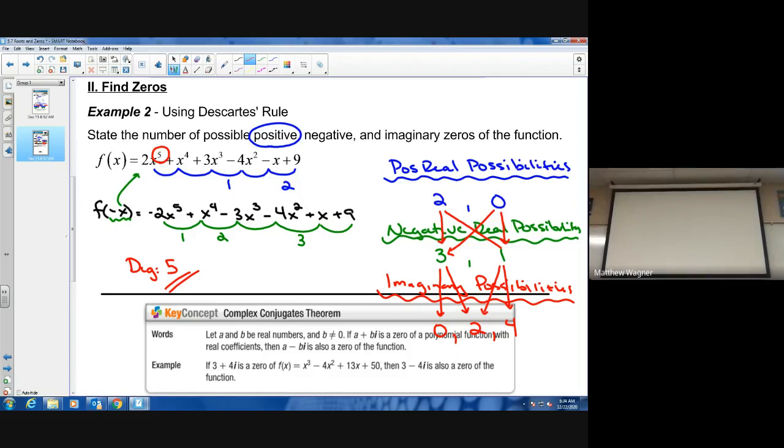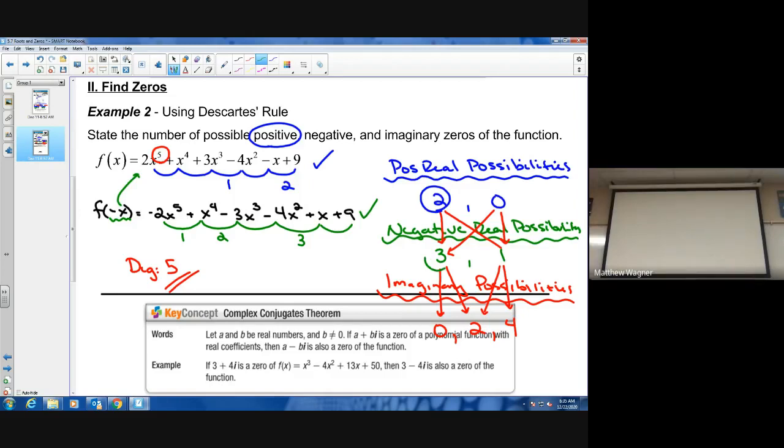All right. So again, to walk you through this problem, you want to count the number of sign changes in the original function. You want to plug in negative x, and count the number of sign changes in that function. That's going to be the maximum number of positives in the original.